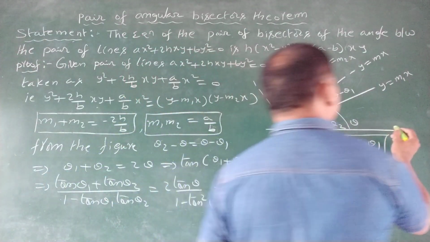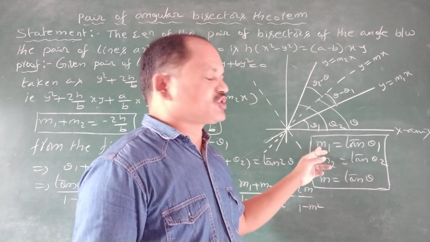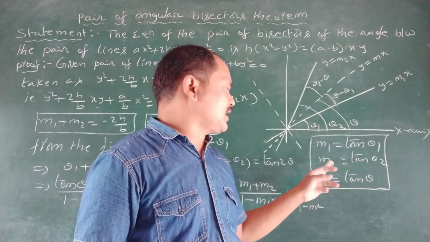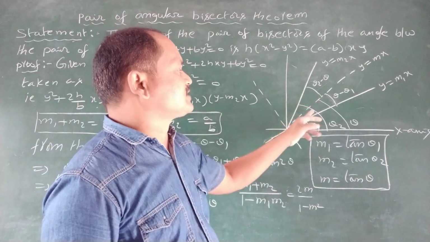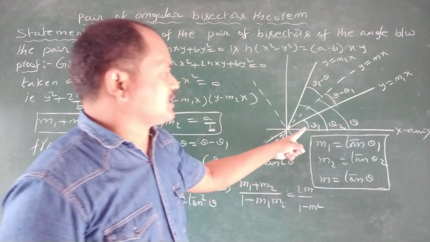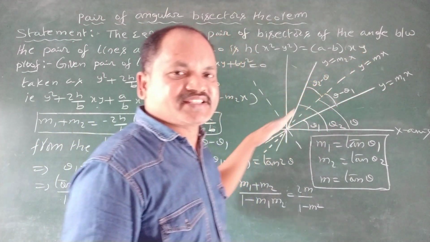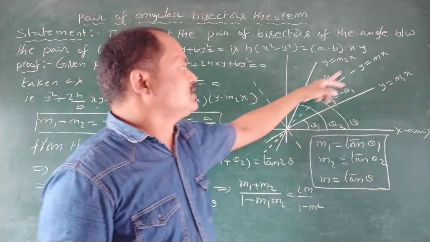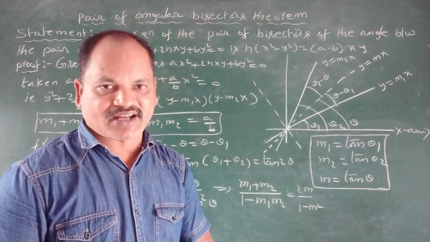That's why its slopes are m1 is equal to tan theta 1 and m2 is equal to tan theta 2. And the bisector makes an angle theta. Here the first line makes an angle theta 1, the second line makes an angle theta 2. The bisector of the angle between the pair of lines, y is equal to mx, makes theta with the positive x-axis. Are you clear?